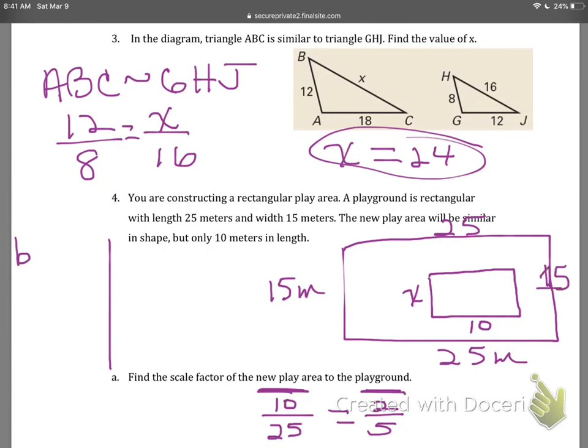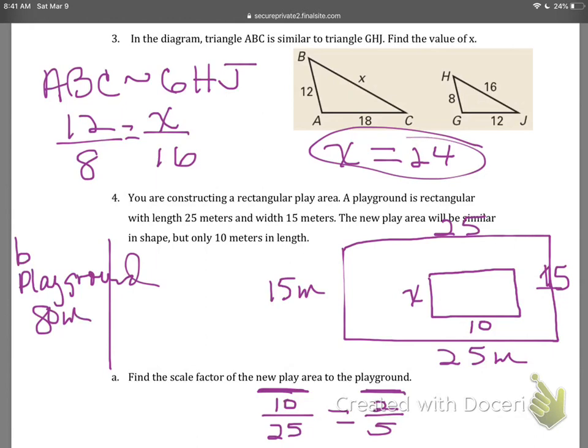So add up those four numbers. So I'm going to say 15 plus 15 plus 25 plus 25, and that equals 80. So the playground has a perimeter, adding everything up, of 80 meters.